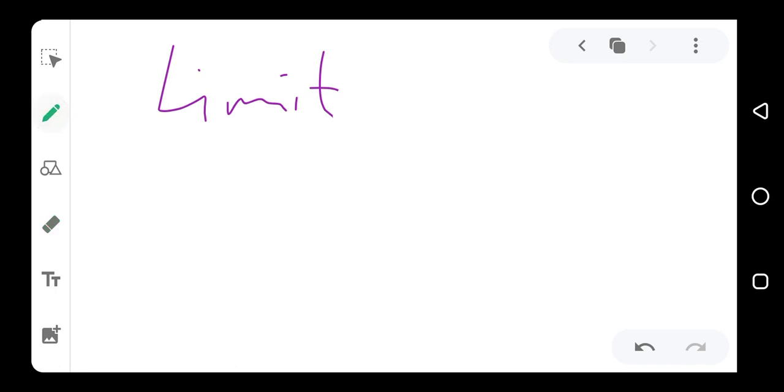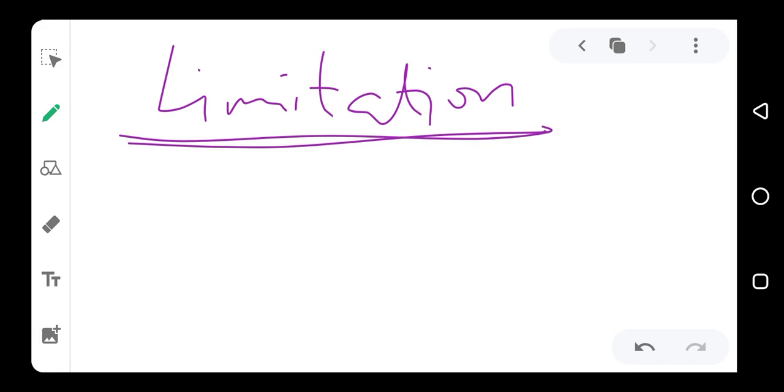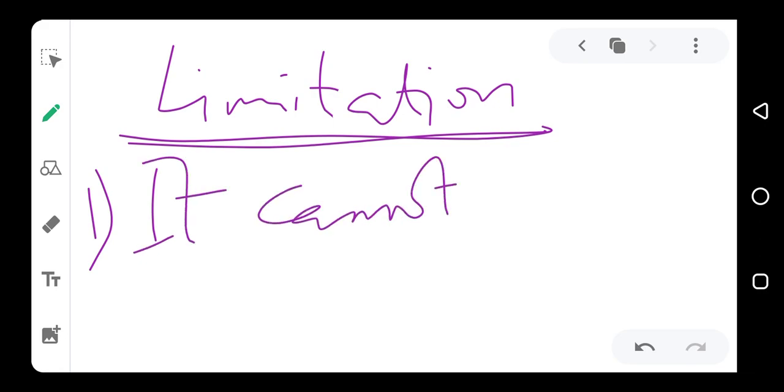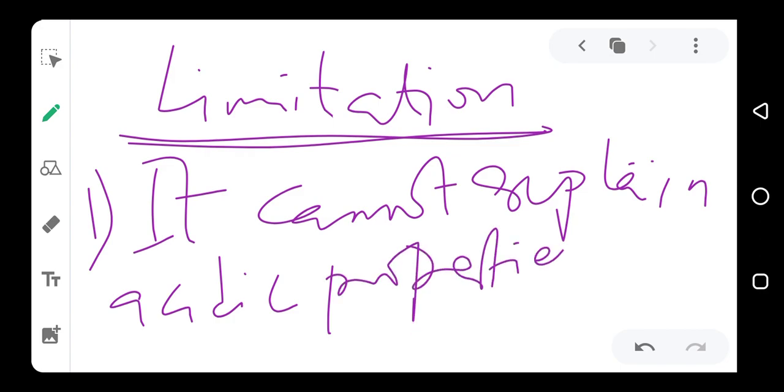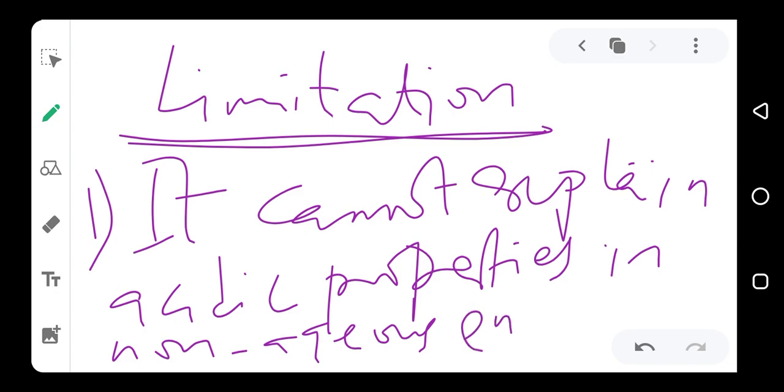The major limitation we have with Arrhenius theory is that, number one, it cannot explain acidic properties in non-aqueous environments.